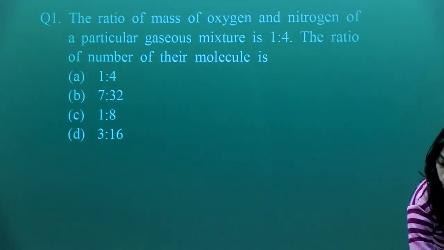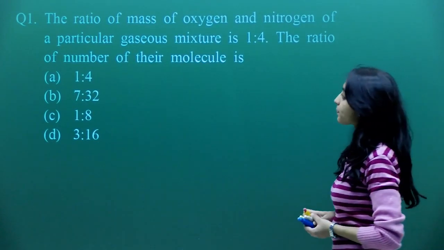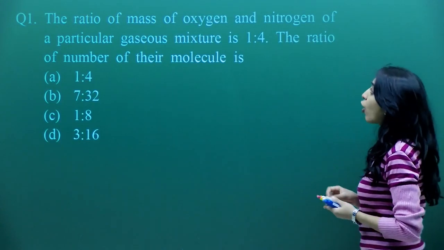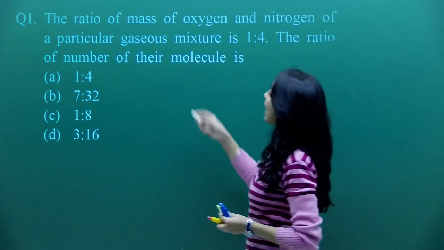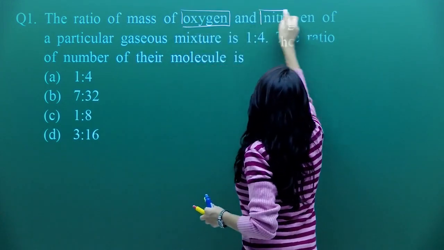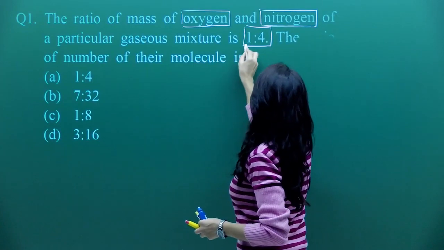So the question number 1 that I have got for you people is the ratio of masses of oxygen and nitrogen in a particular gaseous mixture is 1:4.